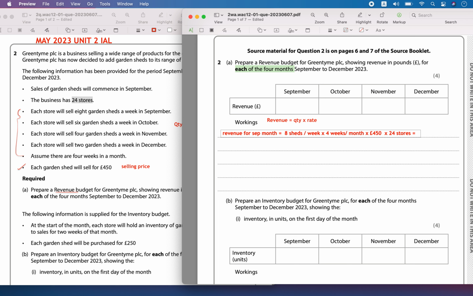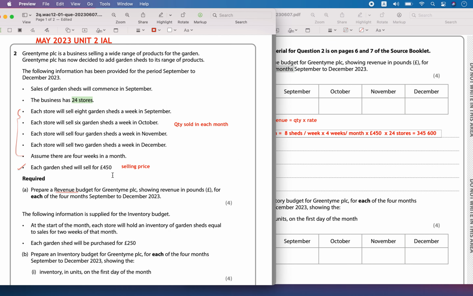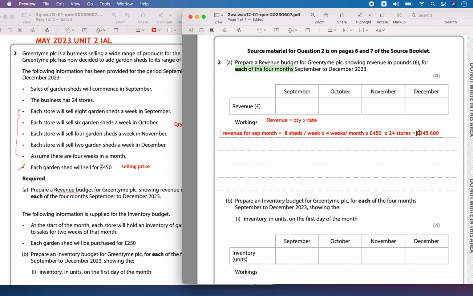That is equal to 8 into 4 into 450 into 24, which is 345,600 pounds. This is the revenue they will get from 24 stores if they are able to sell at the rate of 8 garden sheds in a week, at the rate of 450.